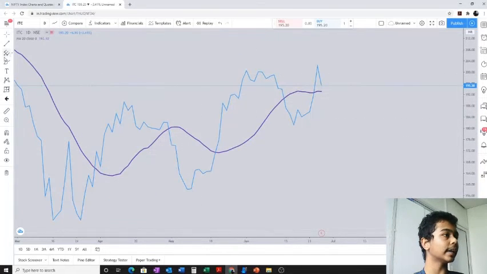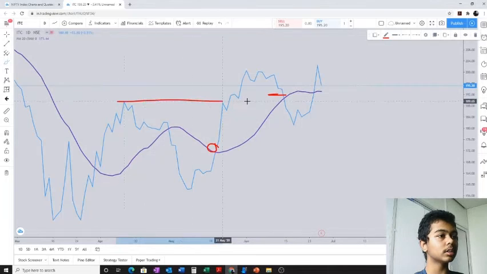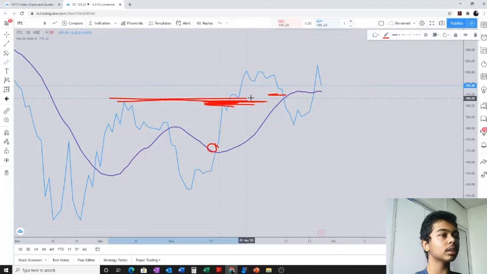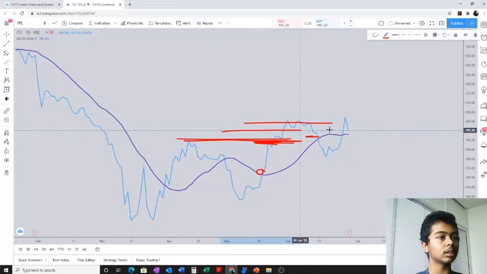And how I keep my target is, let's say I bought it over here, I would not have exited over here, I would have exited somewhere over here when it came at this level, at least 15 shares, half of my shares. And the second target, I would keep looking at another level, let's say over here, or over here.